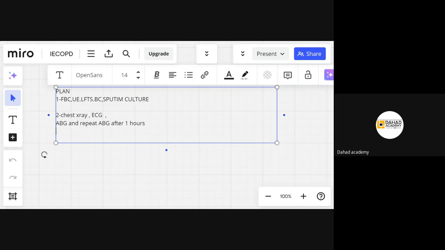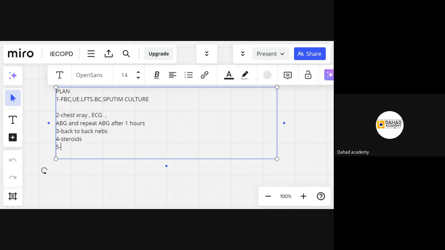And you mentioned giving the patient treatment. What did you give the patient? Back-to-back nebs. You gave the patient steroids, and some fluids as well, let's say normal saline, 500 mils.